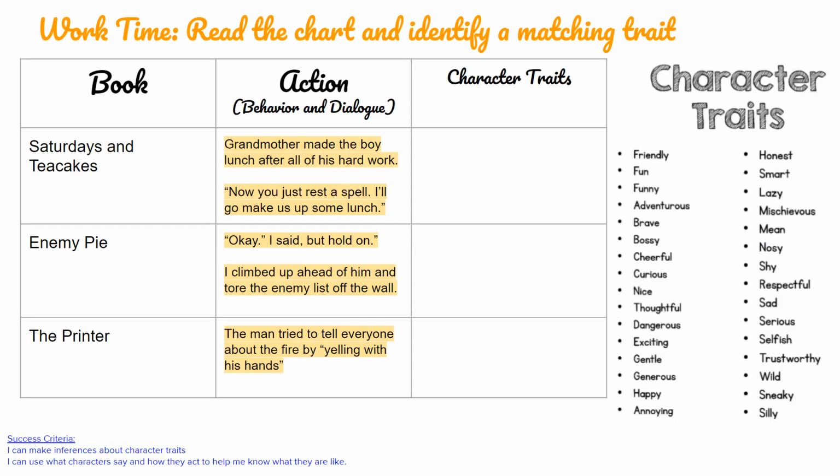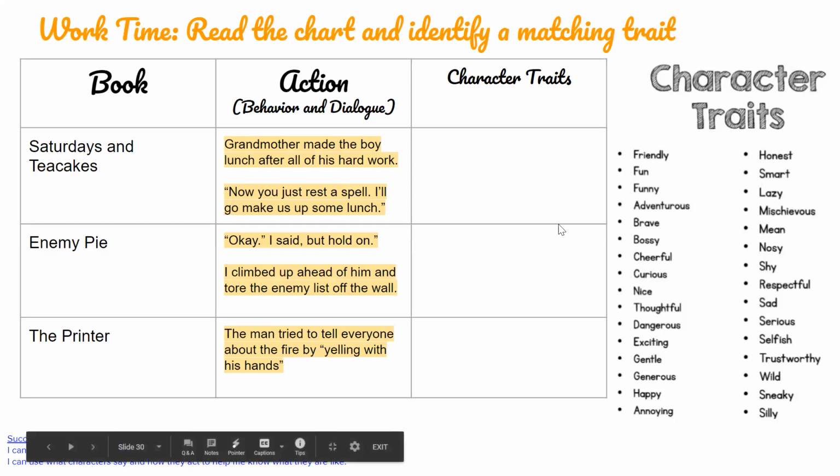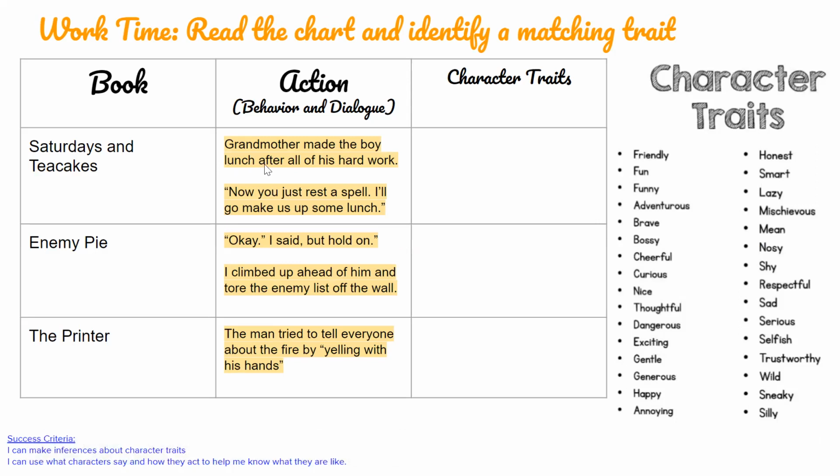Now, this is what you'll do for your work time. In Saturdays and Tea Cakes, grandmother made the little boy lunch after all of his hard work. So the action was that grandmother made lunch. The dialogue, right before she made the lunch, she said, "Now you just rest up a little. I'll go make us some lunch."